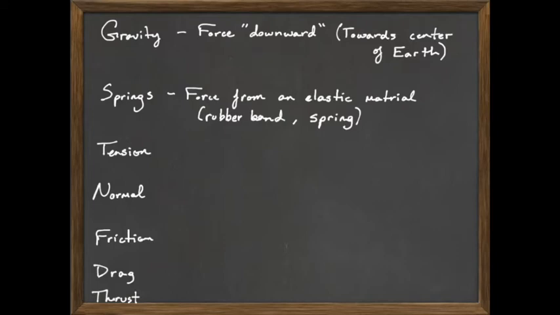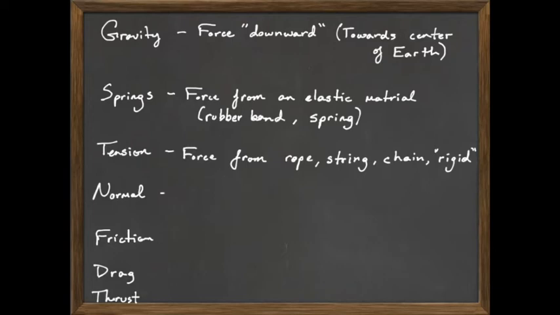A tension force would be in something like a string. So it's a force from a string or rope, perhaps a chain. The important thing is it's rigid, meaning it doesn't stretch or compress. It stays in its form no matter how hard or soft you tug on it. So the important thing is that it's a rigid material.